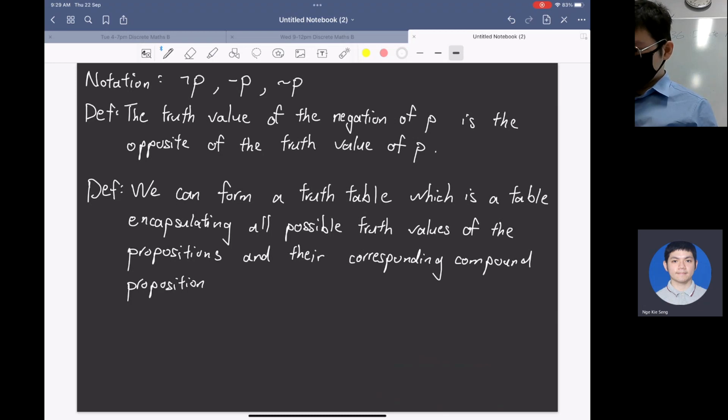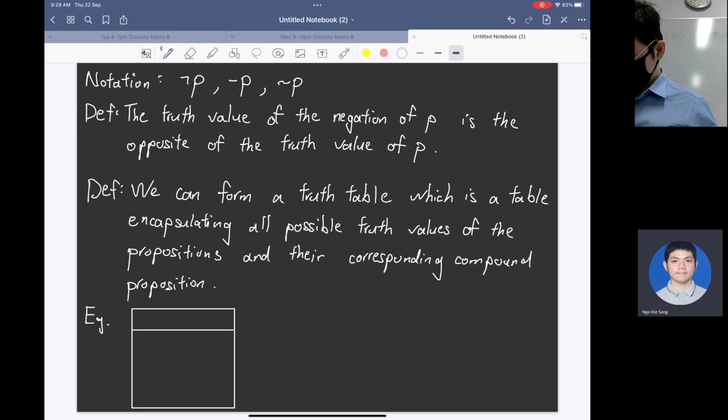Okay, so how does the truth table look like? So the truth table will be looking like this. P, not P. So every proposition, how many truth values do you have?